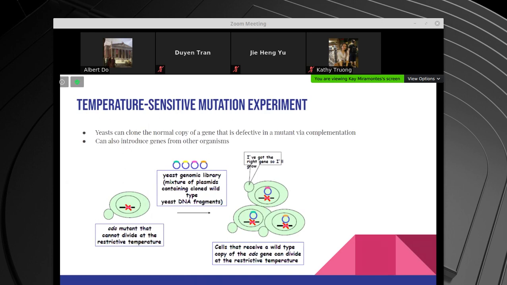Then you go back and look at which one of these clones rescued the particular mutant, which suggests that the gene on that clone is responsible for creating this particular mutant phenotype. In that way, you can go back and sequence the gene and then identify the protein product responsible for making this transition. So that concludes our presentation. Any questions?